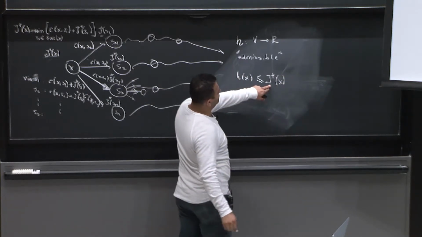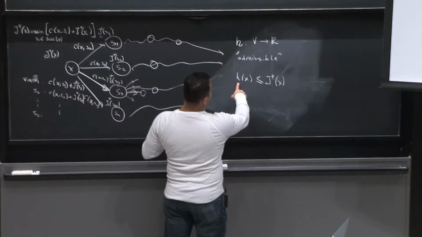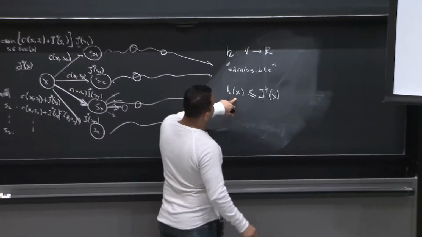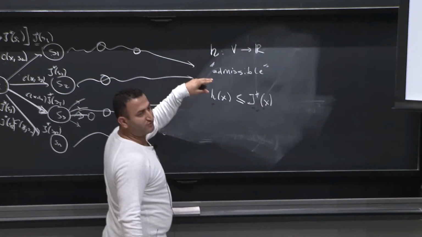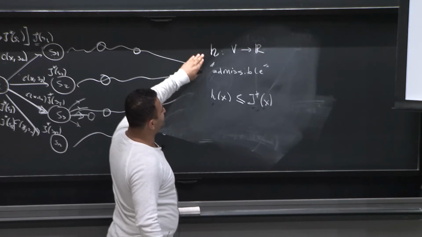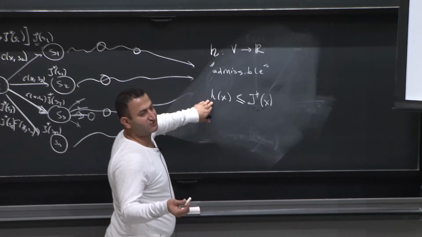So this is the true cost to go for this vertex, and this heuristic function should always be an underestimate of this value. There are some proofs that if you have this heuristic function with this property, then A star is optimal.